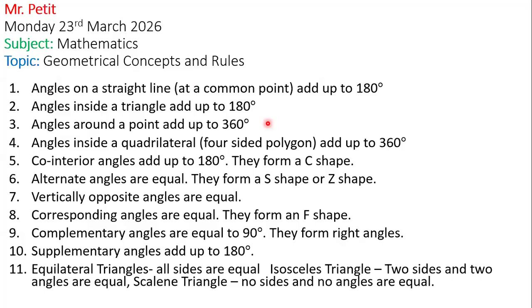Vertically opposite angles are equal. Corresponding angles are equal. They form an F shape. Complementary angles add up to 90 degrees. They form right angles. Very good. And Andre, read 10 and 11.